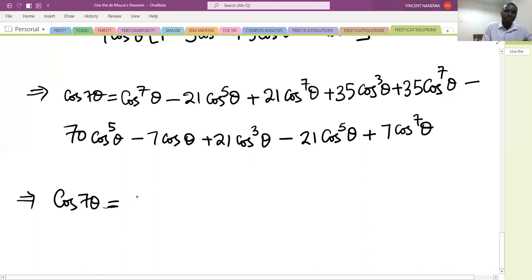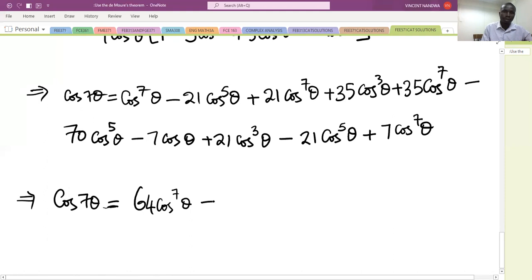So you get 64 cos power 7 theta. Those with power 5, we have minus 21, and then minus 70, and then minus 21.